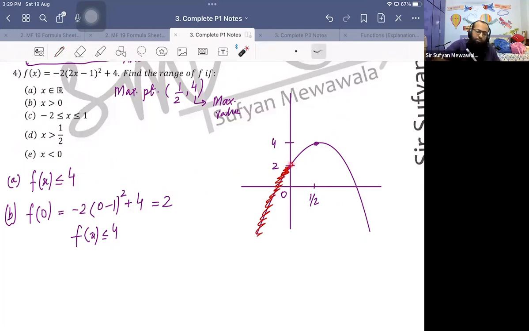It starts from here and then it goes up and then it comes down and it goes down and down and down. Because x will be greater than 0, x will keep increasing, y will keep on decreasing. X increases, y decreases.